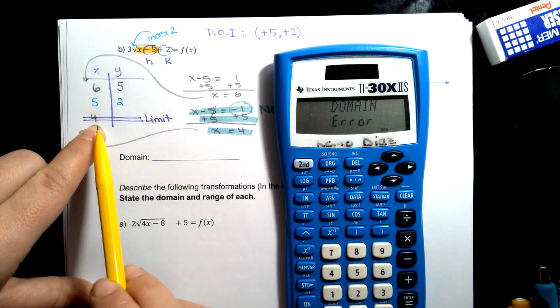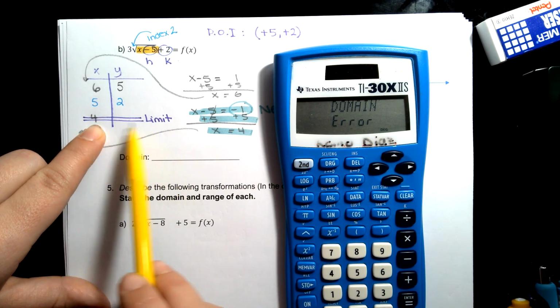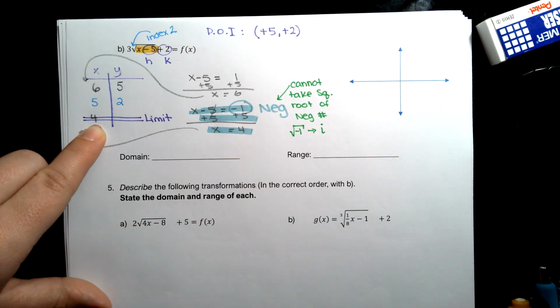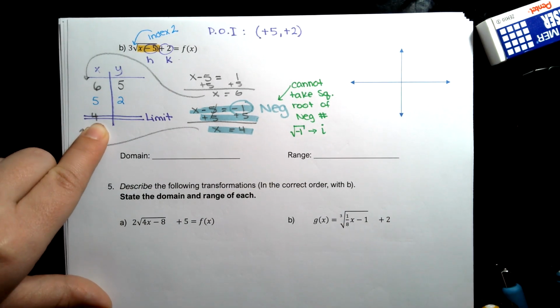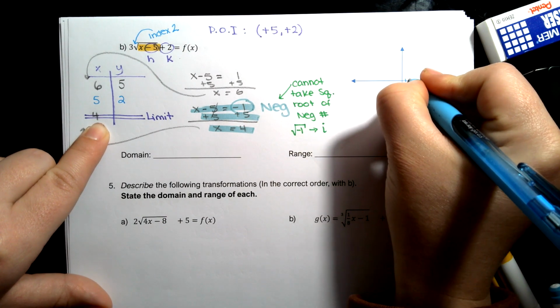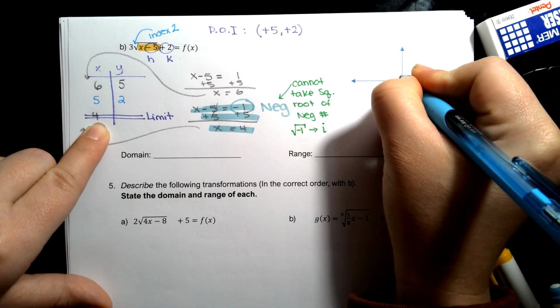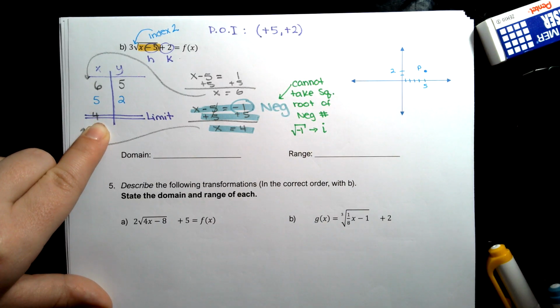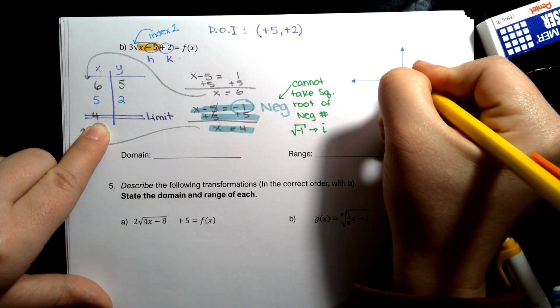That means this cannot exist. We have our 2 points with our point of inflection, so be careful with that. We have point of inflection of 5 and 2. 1, 2, 3, 4, 5. 1, 2. Again, label that with a P or an I. And our secondary point is 6 and 5.